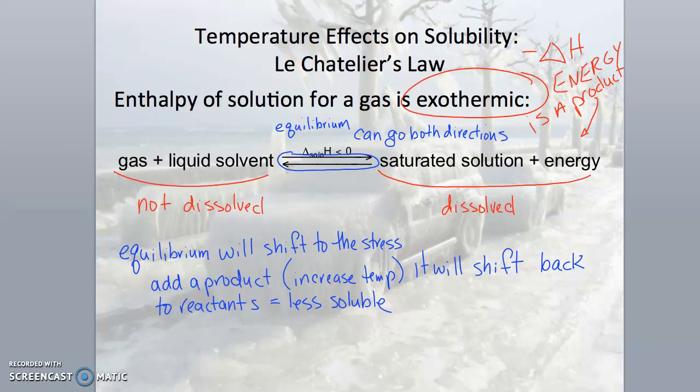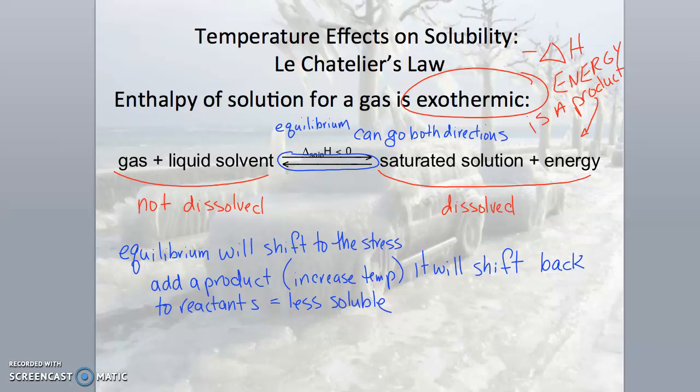So what that means is if I change that energy, I could add heat, I could remove heat, it'll stress that equilibrium. And the equilibrium is going to try to fix it. It's going to try to go back to where it was. So if I add energy, it's going to say, geez, I've got too much energy now.